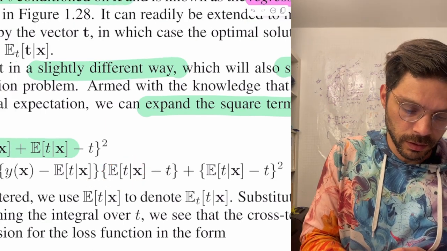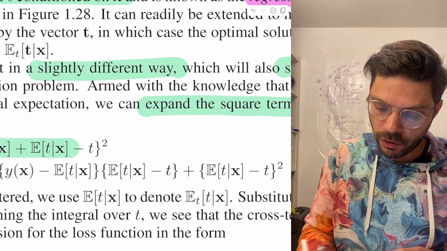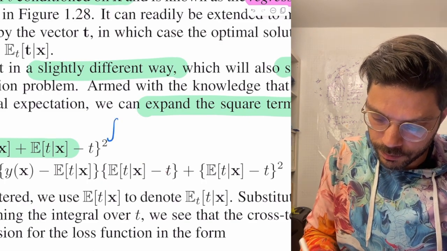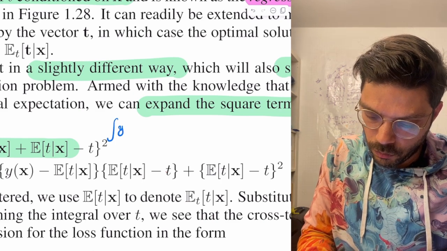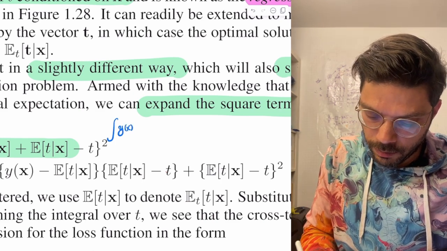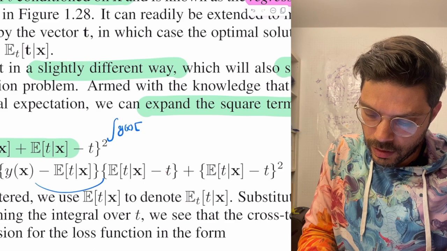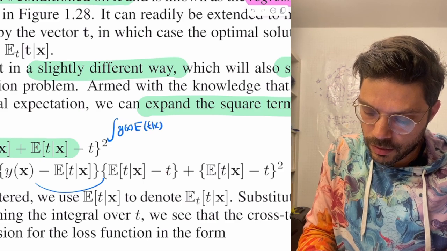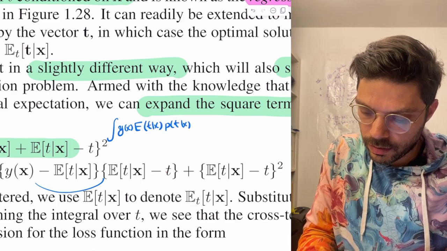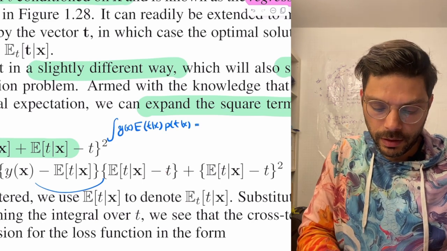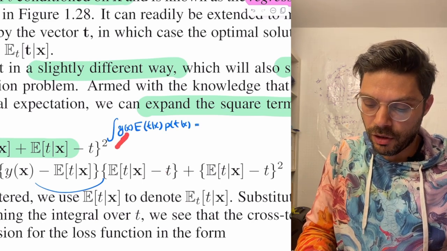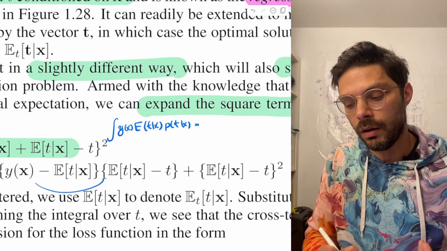So let's just do that. So let's try the first term. Let's try integrating y of x against E[t|x] p of t given x. So that thing, well, as I just said, this term and this term are functions of x.